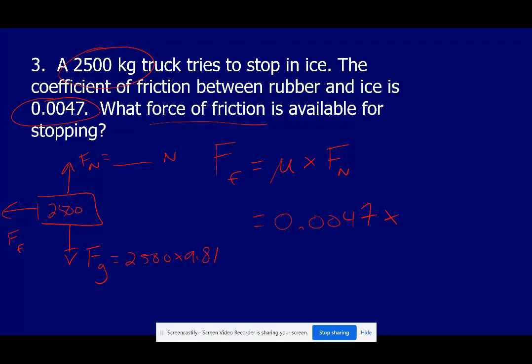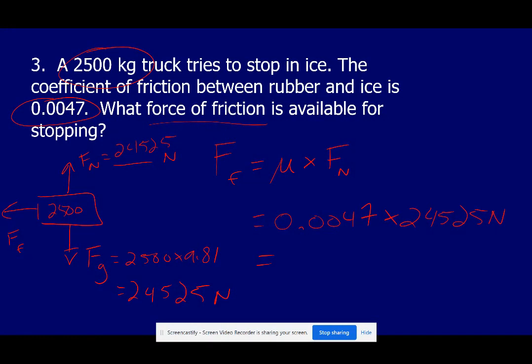Remember, mass times g. 2,500 times 9.81 is 24525 newtons. That means that's the same up here, 24525 newtons. And that's going to go here, 24525 newtons.